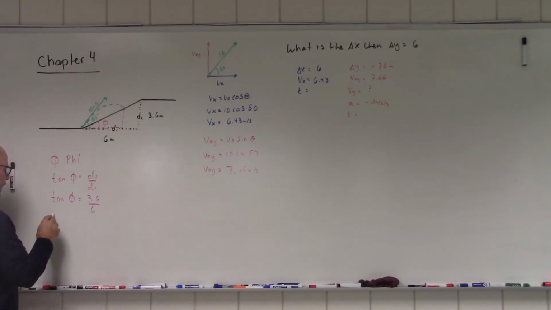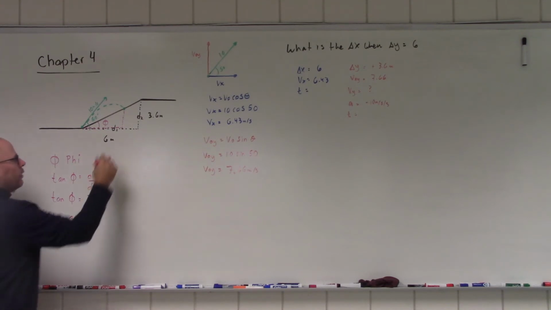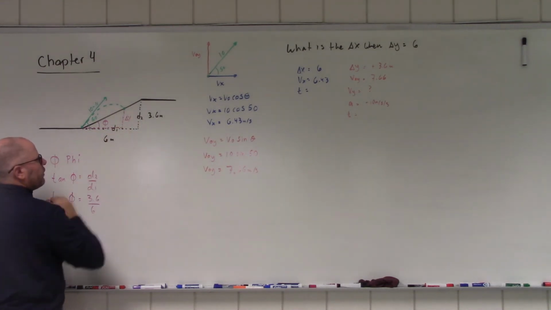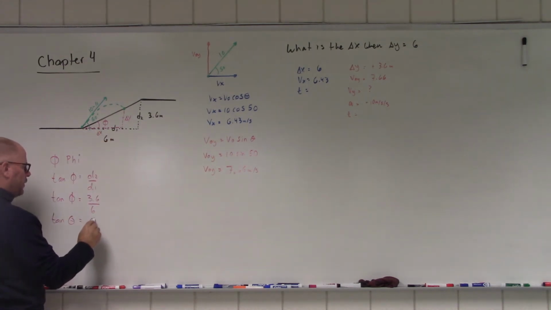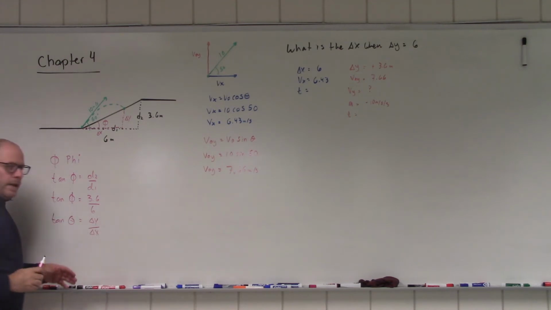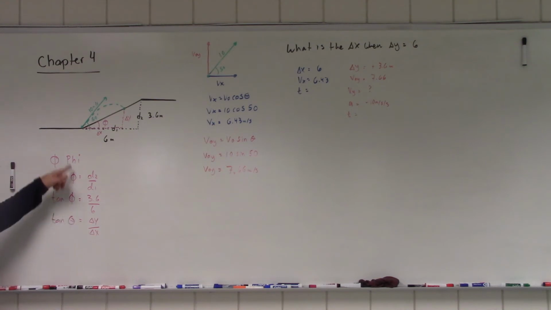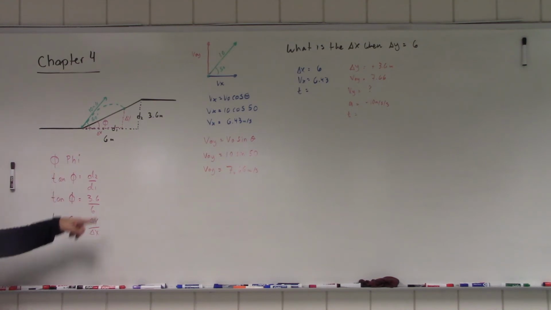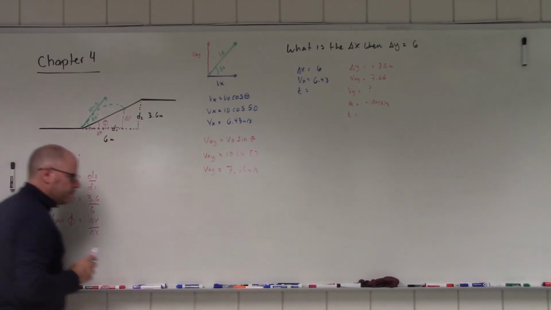So in this case, tangent theta is also going to be equal to the change in the vertical, delta y, divided by the change in the horizontal position, delta x. So we now have a relationship between how far it goes horizontally, how far it goes vertically, and the angle, which we can get from this statement right here.